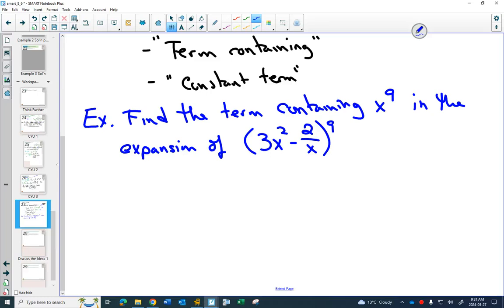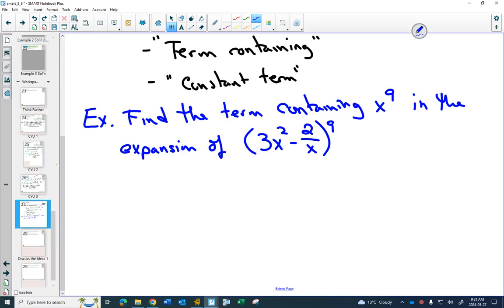So first of all, if you did the complete expansion, there would be 10 terms. And if you simplified all 10 of them, one of them will have an x to the 9. This is a strategy you could use, but it's the long strategy. It would take a long time. So what we're going to do is see how the formula can get us this a little bit quicker.